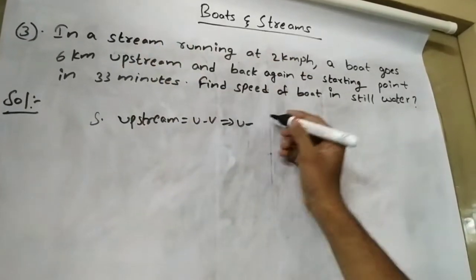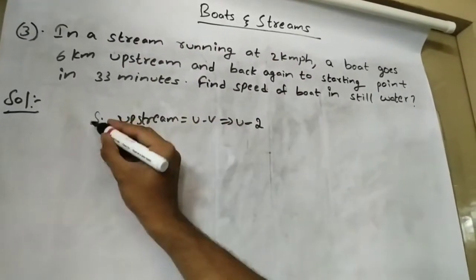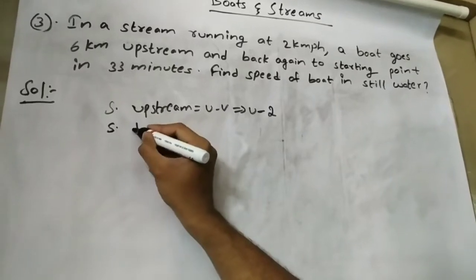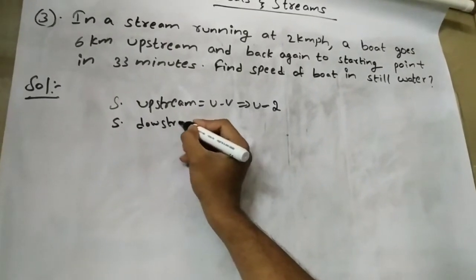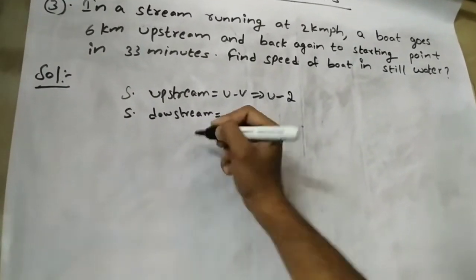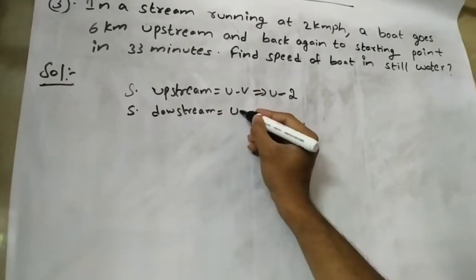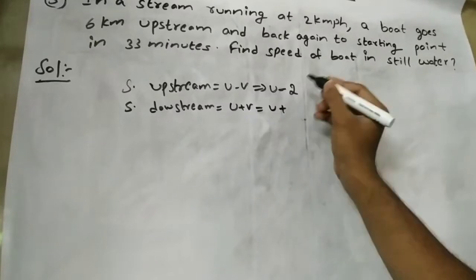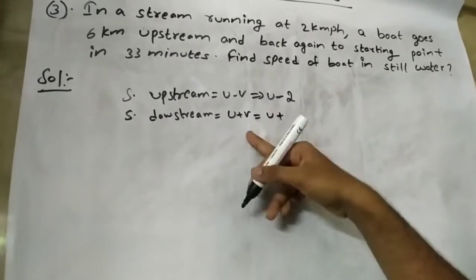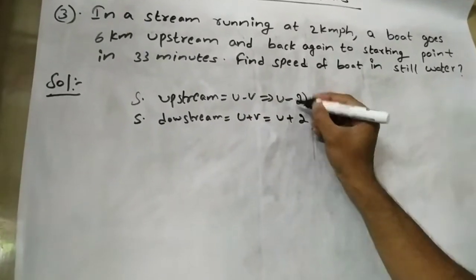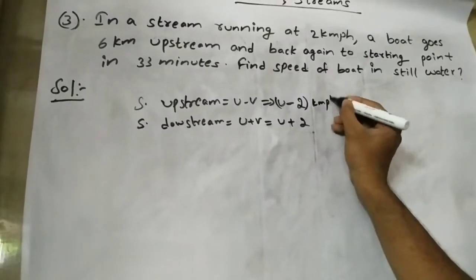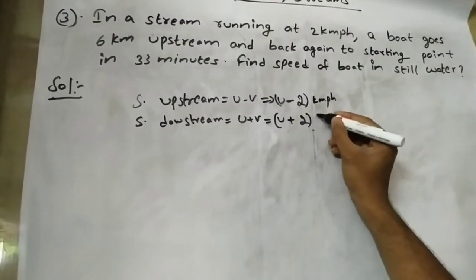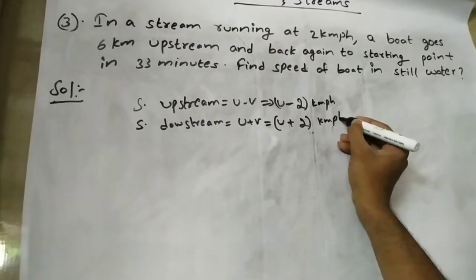The speed of the stream is given as 2 km per hour, so the upstream speed is u minus 2 kmph and the downstream speed is u plus 2 kmph.